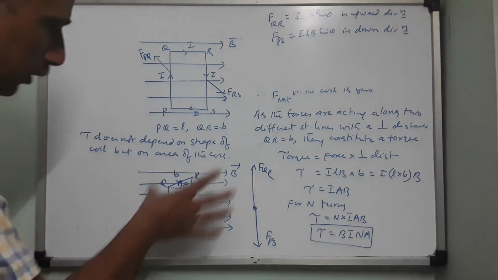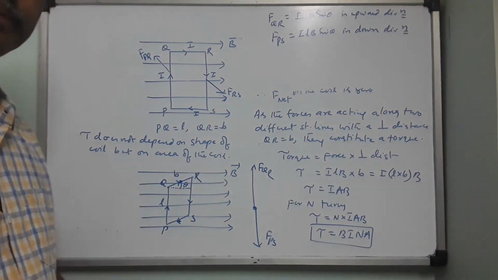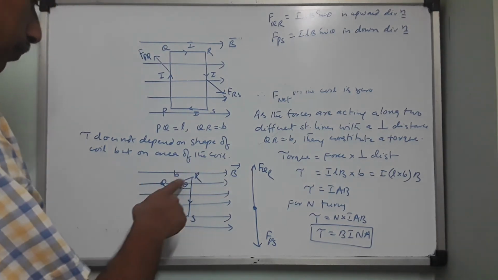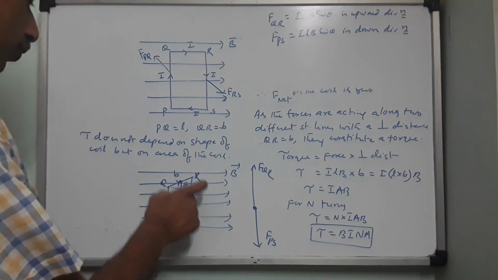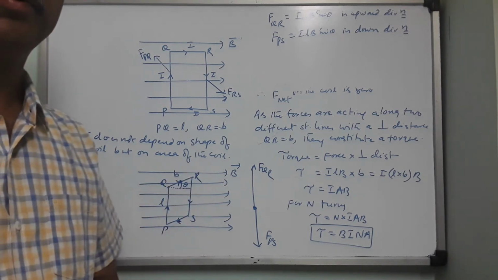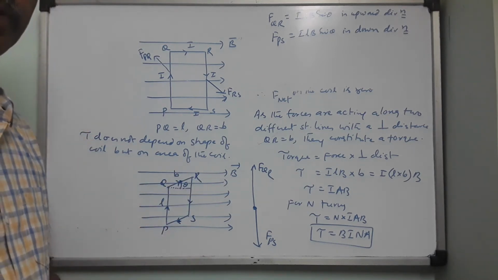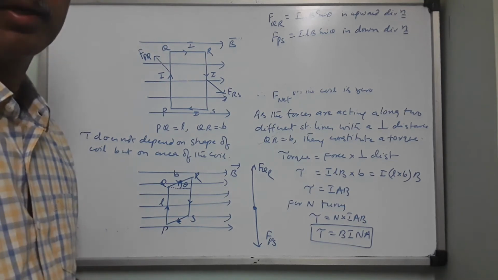So therefore, in such a magnetic field, children, the vertical, smaller sides, that is QR and PS, will never contribute to any net force, and will never contribute to any torque.